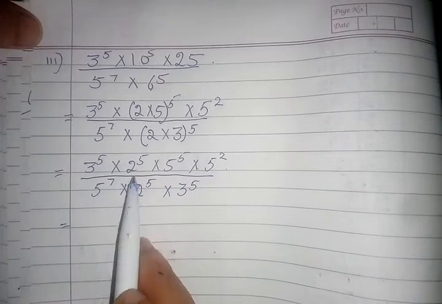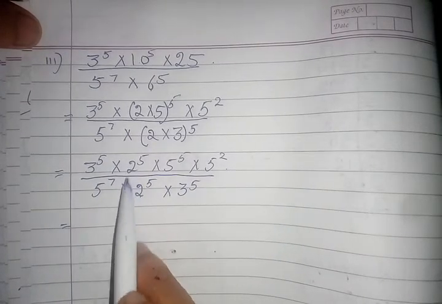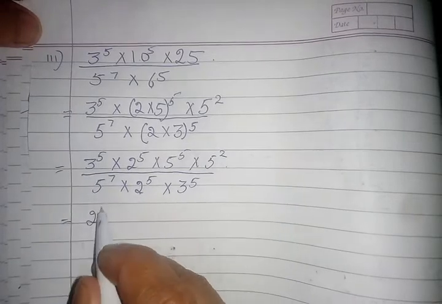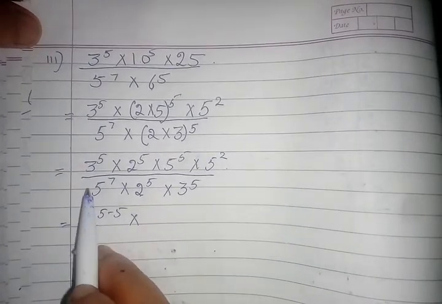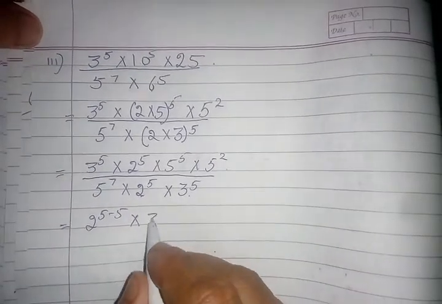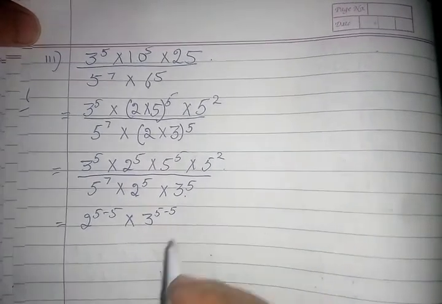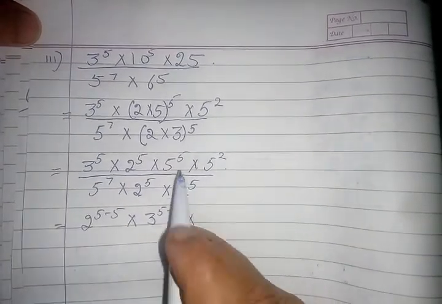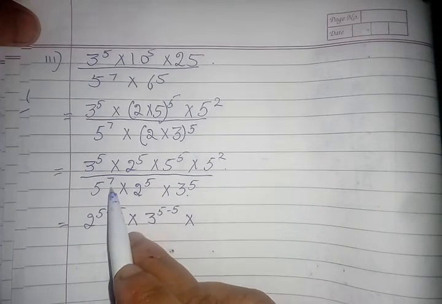Now 2 raised to power 5 and 2 raised to power 5, these are in division, so powers will be subtracted, 5 minus 5. See the case of 3 raised to power 5 and 3 raised to power 5, so 3 raised to power 5 minus 5. And here 5 plus 2, 7, and this is also 7.